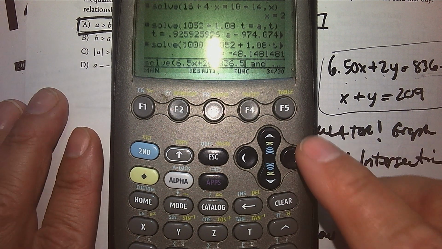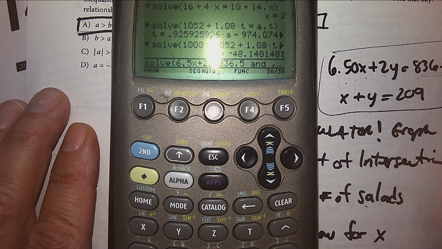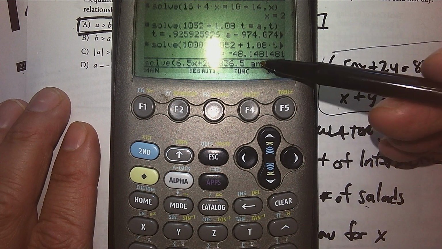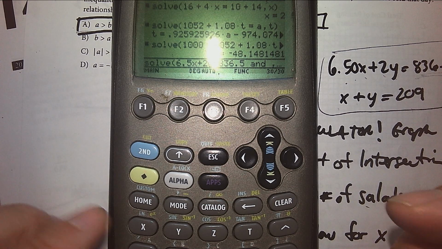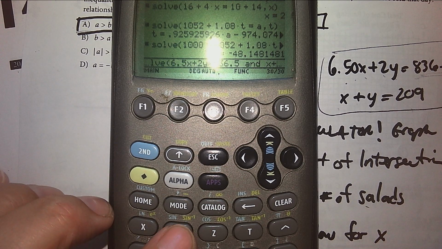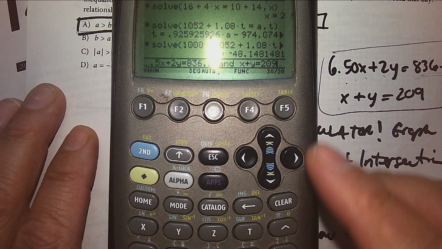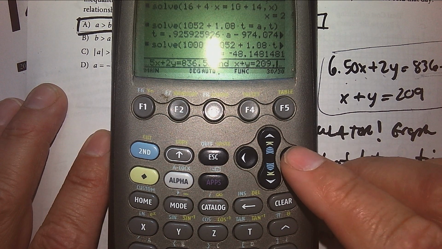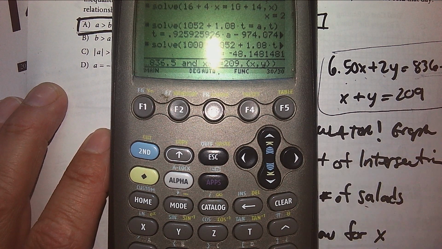Move the cursor after the word and. Notice there's a space between the number and the word and, and then there's a space after the word and. You're going to go x plus y is equal to 209. Then you're going to press enter. It's telling you to solve for x and y.